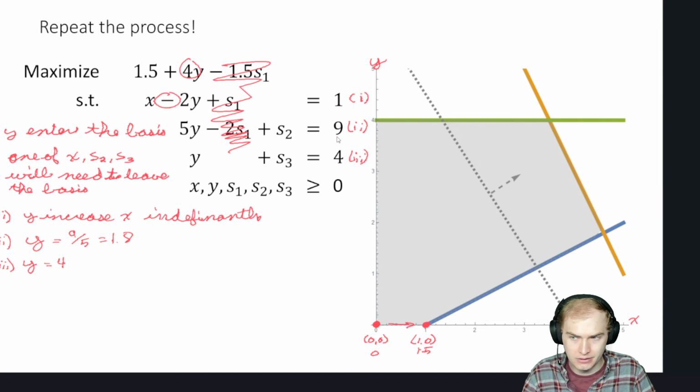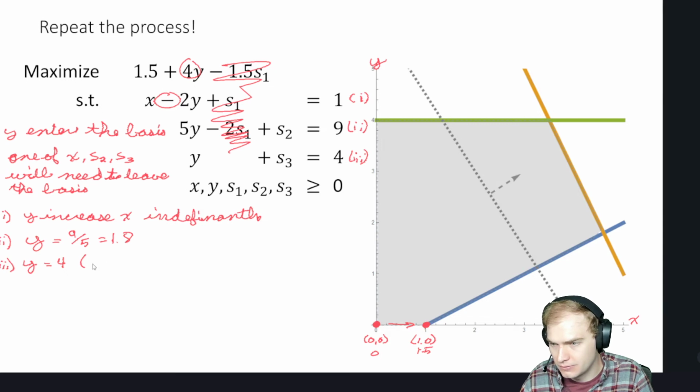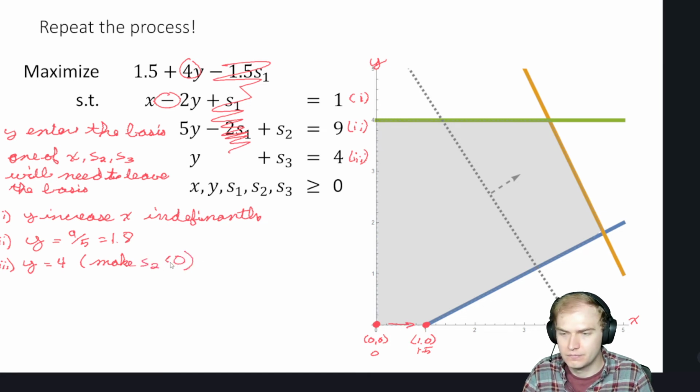So this would make S2 negative, which would be infeasible.